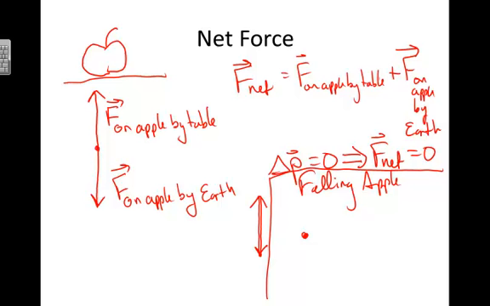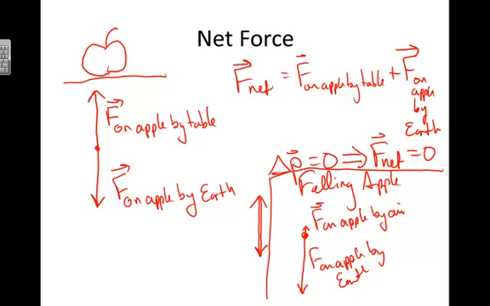The first is the same one that we had before, F on apple by earth, and then a very tiny force up, which is F on apple by air. The net force is just the sum of these two. You've got a large downward force and a small upward force, so F net is going to be downward and just a little bit smaller than this. This would be my F net.